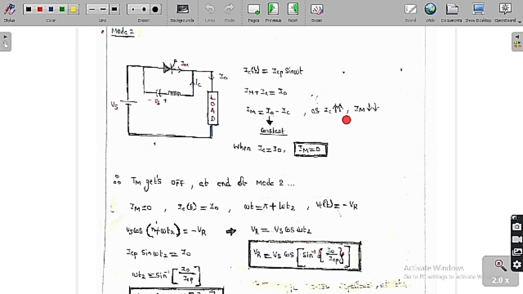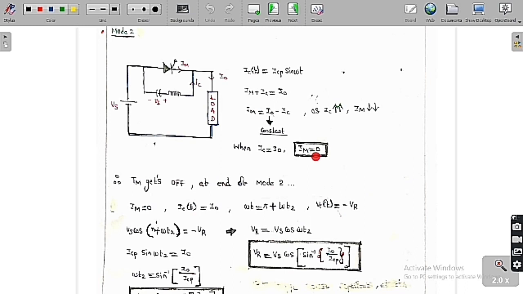So now we can say that in the mode 2 region, the current in the main thyristor is decreasing slowly. When IC is equal to I0, then IM is equal to 0.